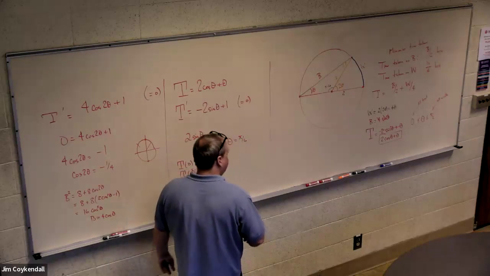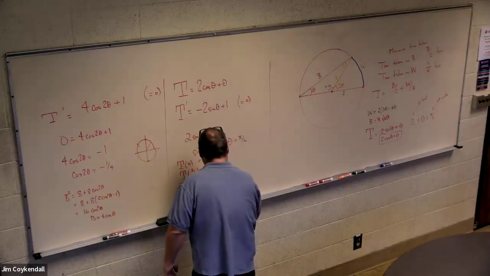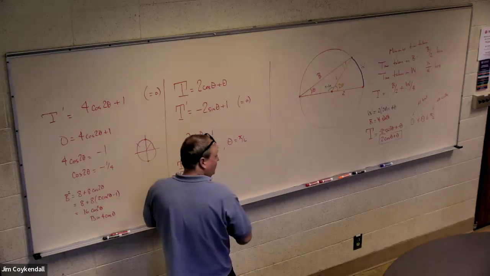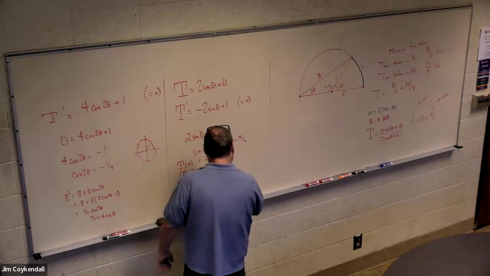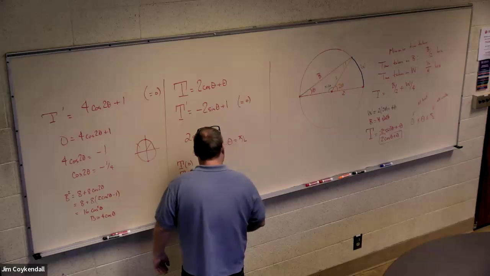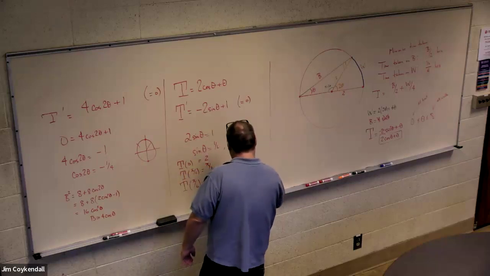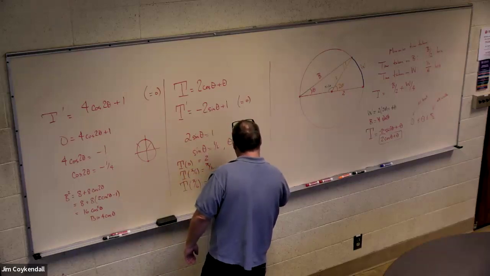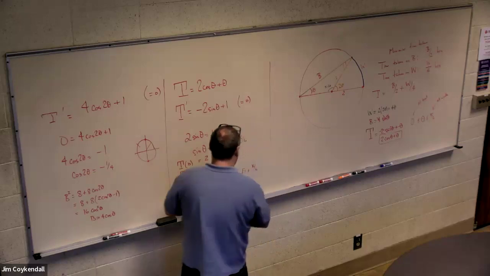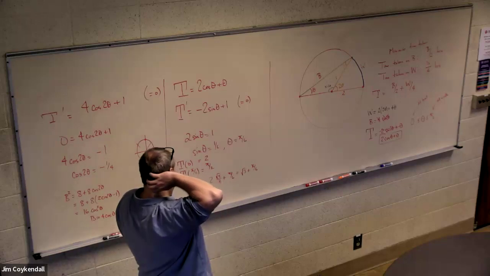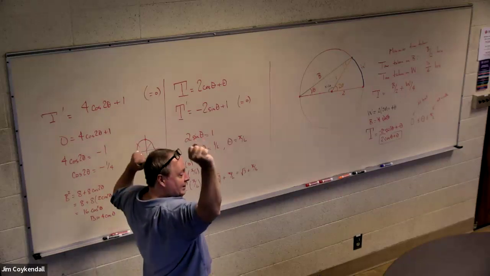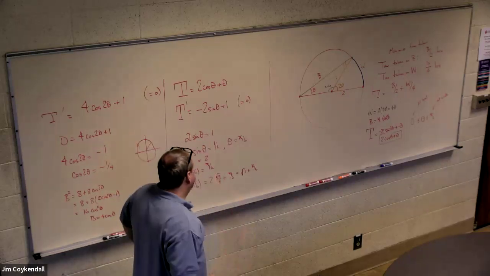What happens at pi over 6? I get 2 cosine pi over 6, which is radical 3 over 2, plus pi over 6, which is radical 3 plus pi over 6. Interpretation.